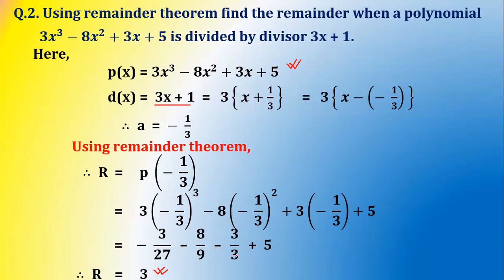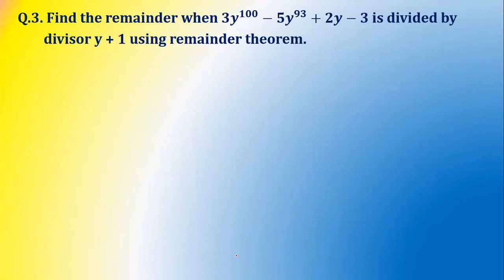Now let's go to our third example, how we can apply remainder theorem, or why it is essential. As you can see in this question, find the remainder when the polynomial in variable y is divided by the divisor y plus 1. As you can see here, the polynomial is of degree 100.